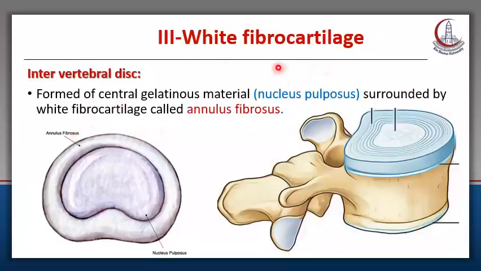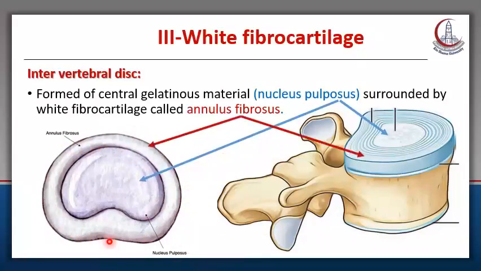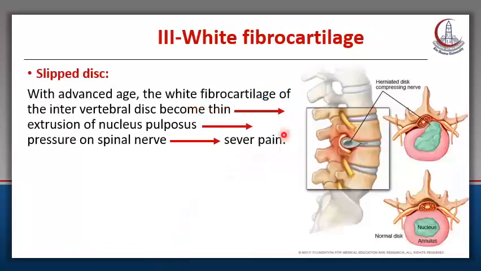One of the important sites of white fibrocartilage is the intervertebral disc. The intervertebral disc is formed of a central gelatinous material called the nucleus pulposus that is surrounded by a ring of white fibrocartilage called the annulus fibrosus. This is the normal disc.